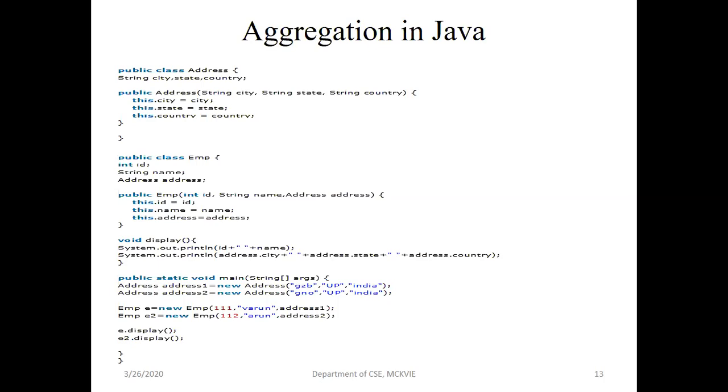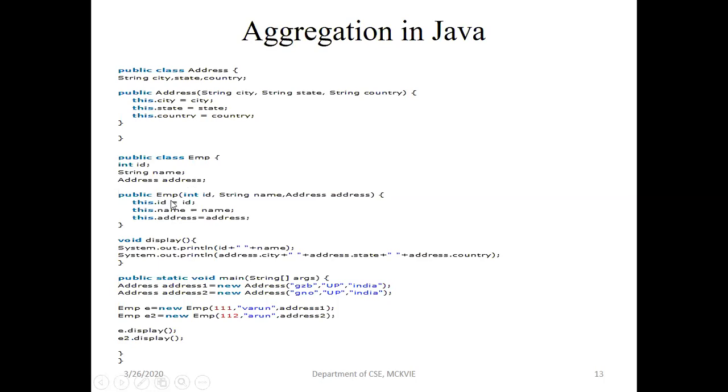Now I'm going to define the class Employee, where the first member is ID, the second member is name. The ID member data type is int, the second member name data type is string, and the third member address data type is class Address, which is defined earlier.